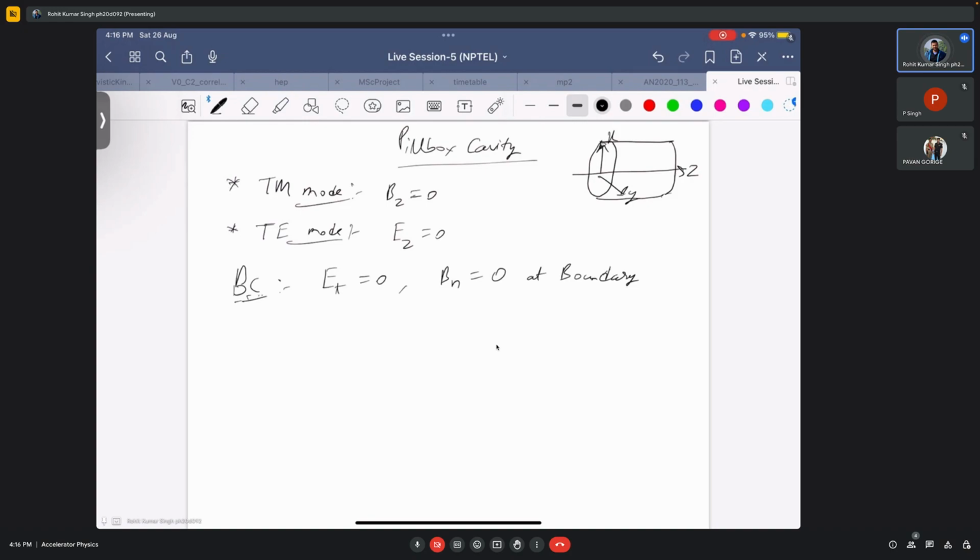So what does this mean? What is the tangential component here? Pawan, can you tell me, in this cylinder? In cylindrical geometry, what will be the cylindrical components of the electric field at the boundary?